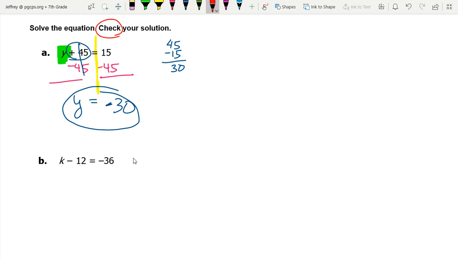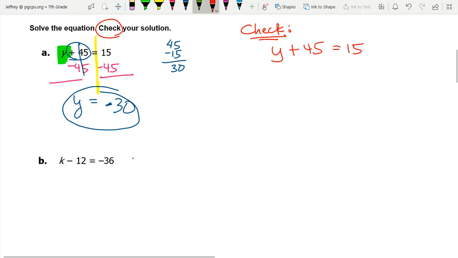Now, it says check your solution. When you check your solution, you have to substitute the value of the variable into the original equation. The original equation is y plus 45 is equal to 15. If you substitute, negative 30 is the value of y.